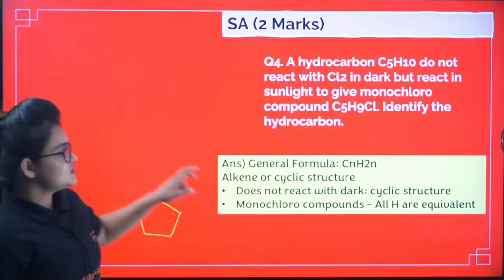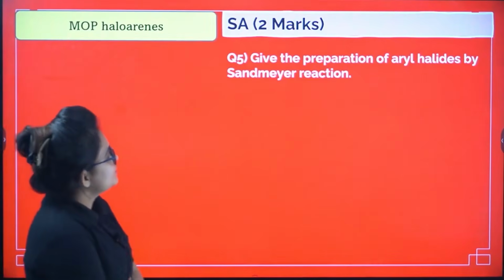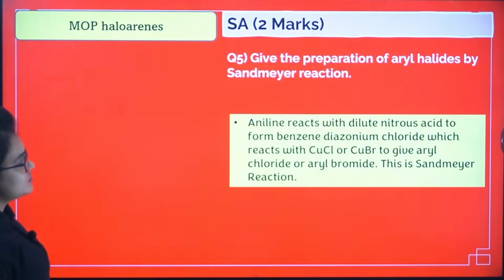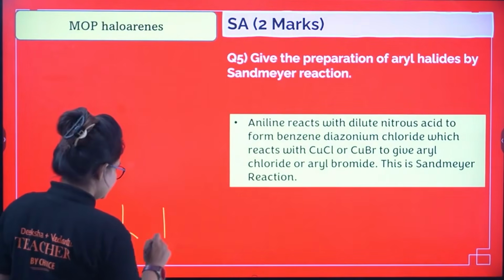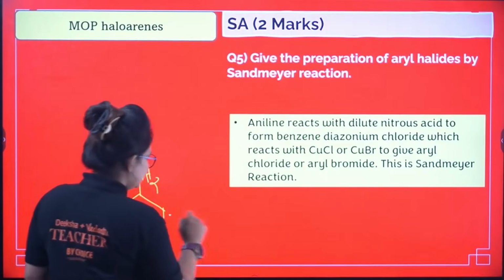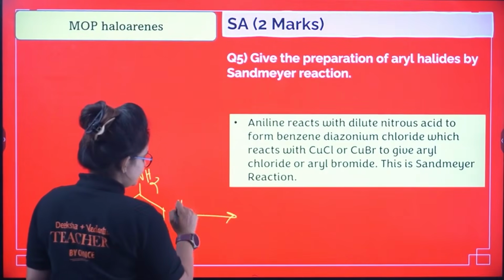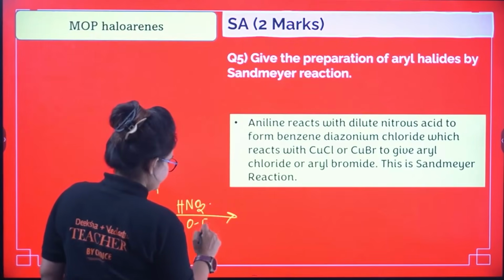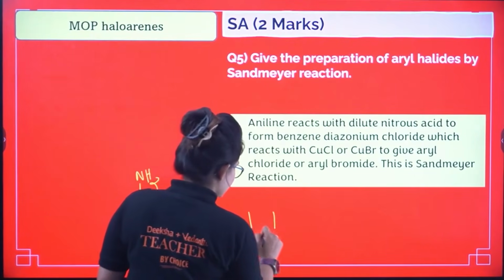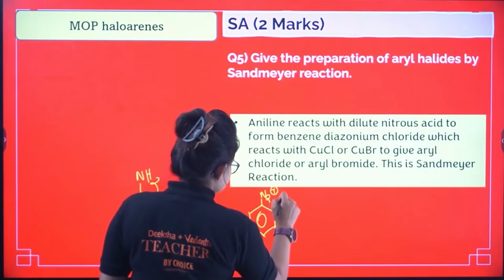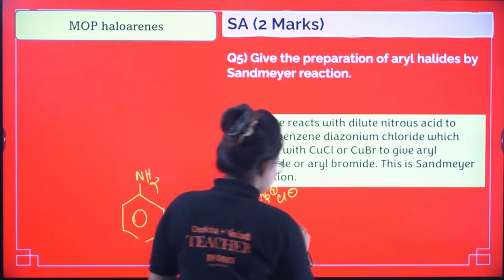Give the preparation of aryl halides by Sandmeyer's reaction. If you start simply with aniline and treat it with HNO2, meaning NaNO2 plus HCl at 0 to 5 degrees Celsius, it prepares benzene diazonium chloride, that is N2+Cl-.